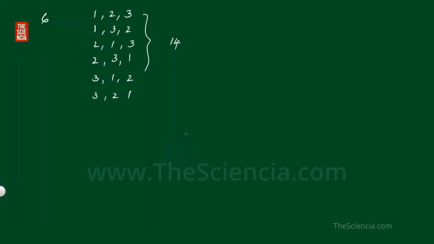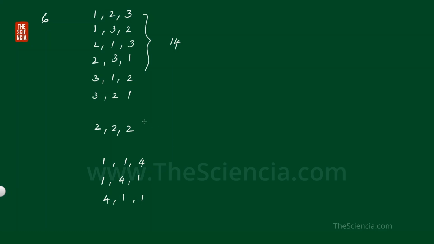Not only this, we can make 6 by the combination 2, 2, 2. And there is the possibility of making 6 by combining 1, 1, and 4. So here we get other combinations, that is 1, 4, 1, and 4, 1, 1.